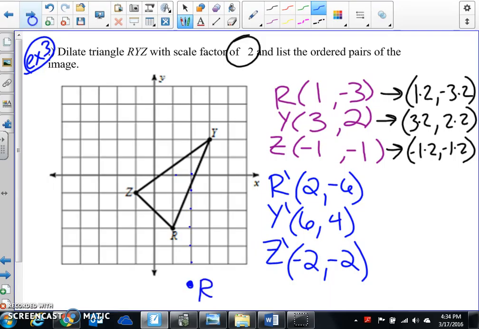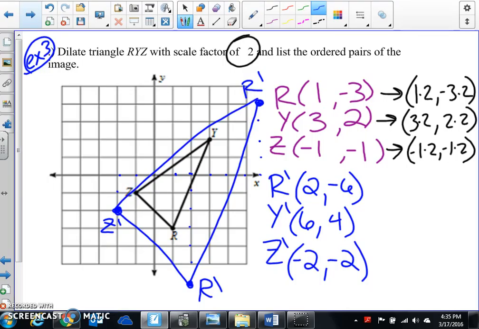So that's R prime. Y prime is at 6, 4. So 1, 2, 3, 4, 5, 6. 1, 2, 3, 4. So that's Y prime. And Z prime is at -2, -2. Once again, same exact shape, just larger.